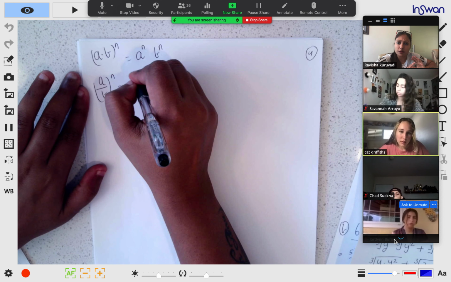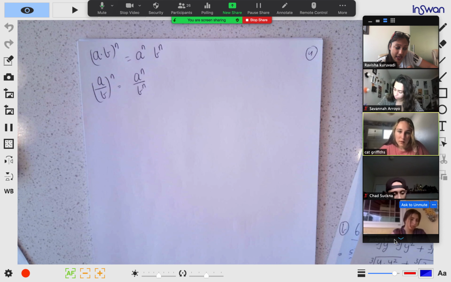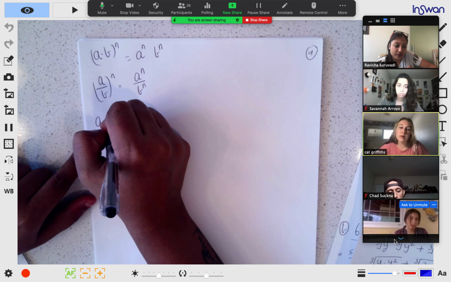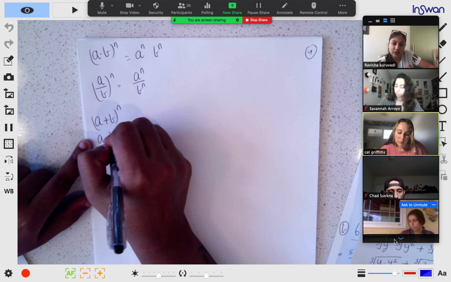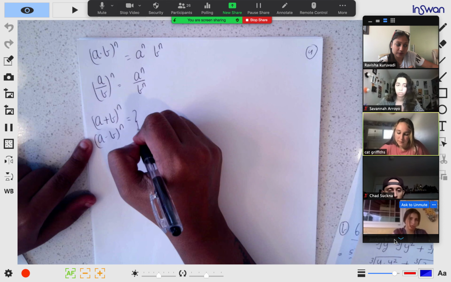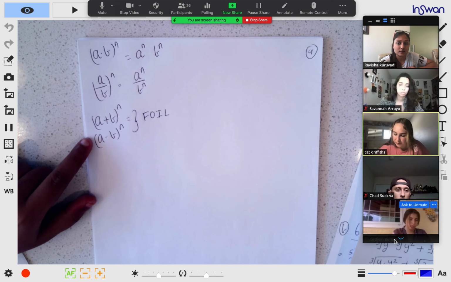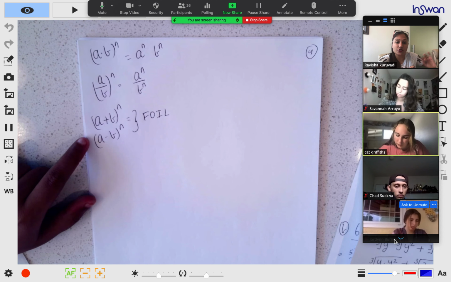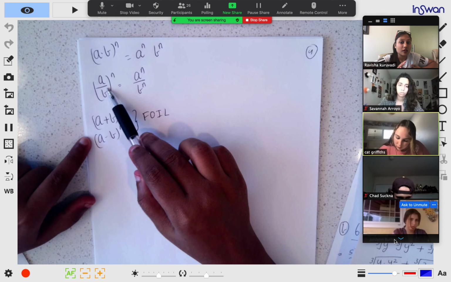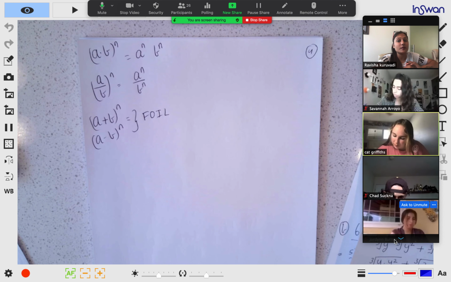But whenever you have addition or subtraction, you have to use the FOIL method. In case of multiplication and division, it's easy to distribute, but in case of addition and subtraction, you have to use the FOIL method. Good question, Kat. It's a very, very common mistake.